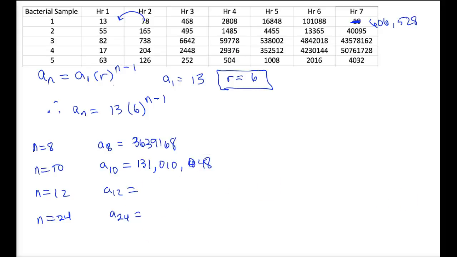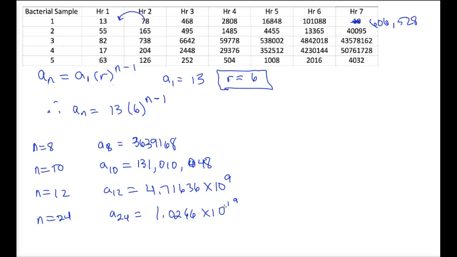And then at 12, we had 4.17636 times 10 raised to the 9. And then for 24 hours, we just plug in 24, and we get 1.0266 times 10 raised to the 19. Okay, and so that is the amount of bacteria that you have.